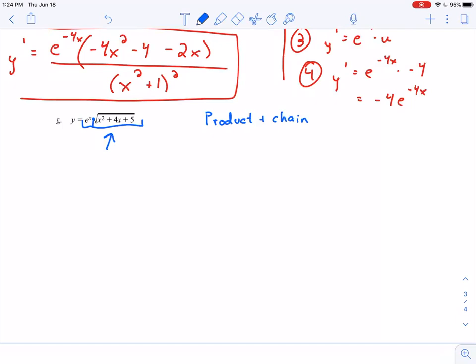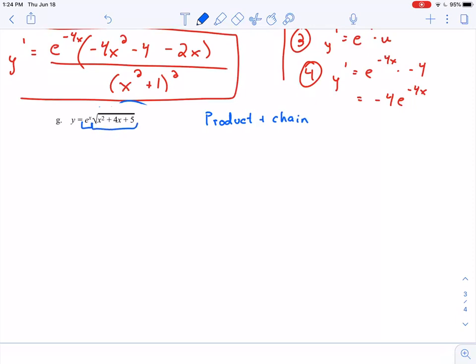So let's see, how do I want to do this? And for the record here, I see a chain rule inside of the whole product rule, if you're thinking about these derivative rules as being nested, having one derivative rule inside of another. So let's see, what should we start with here?